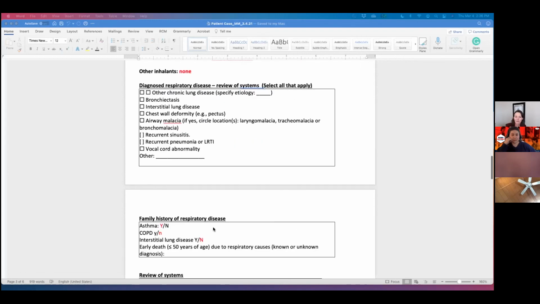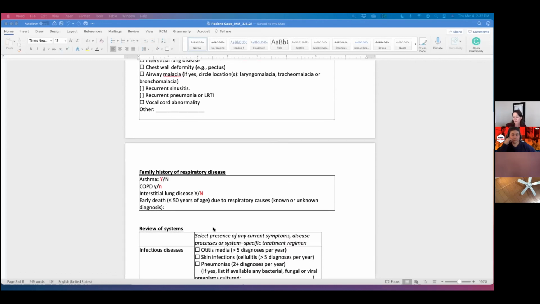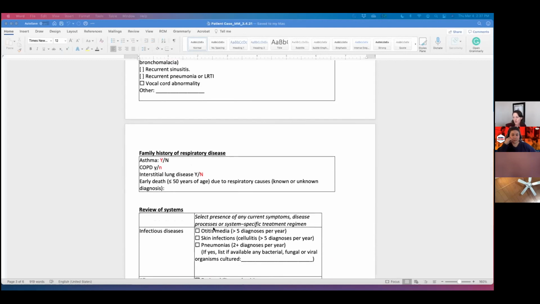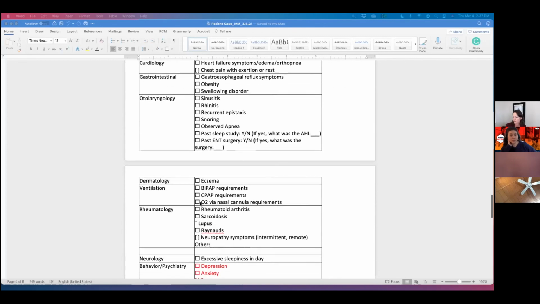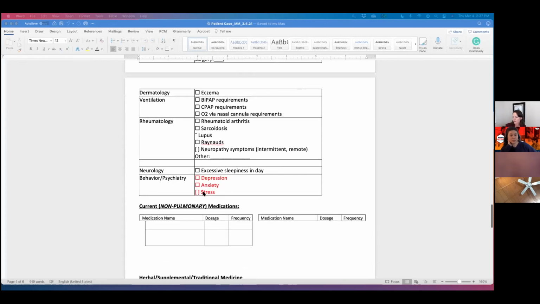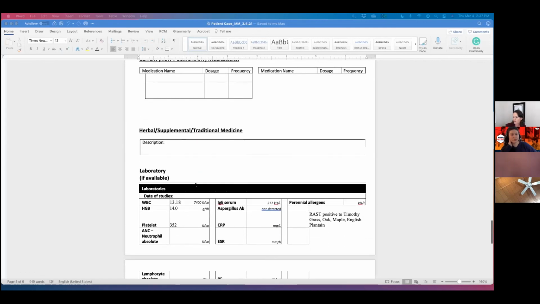Otherwise, she didn't have any major health issues, with the exception of anxiety and depression that had been pretty significant, and she had required inpatient treatment at one point in the past, and was still working on those medical issues. Just scrolling through our form here, so that was kind of in this bucket. And otherwise, she didn't really have any other medical problems.